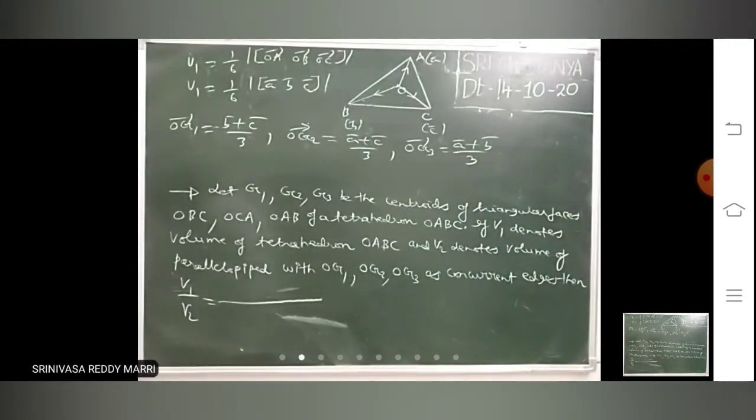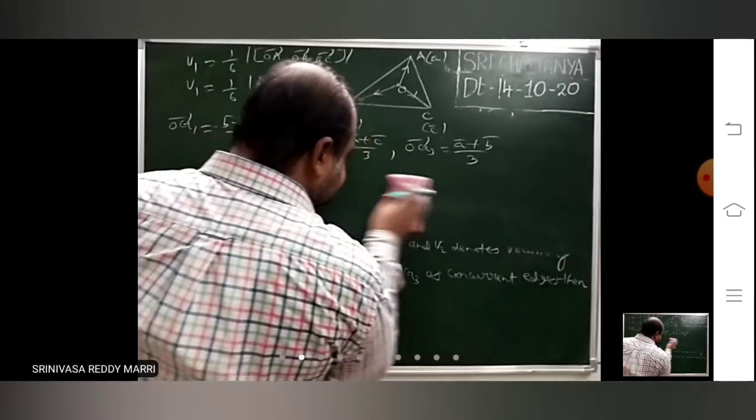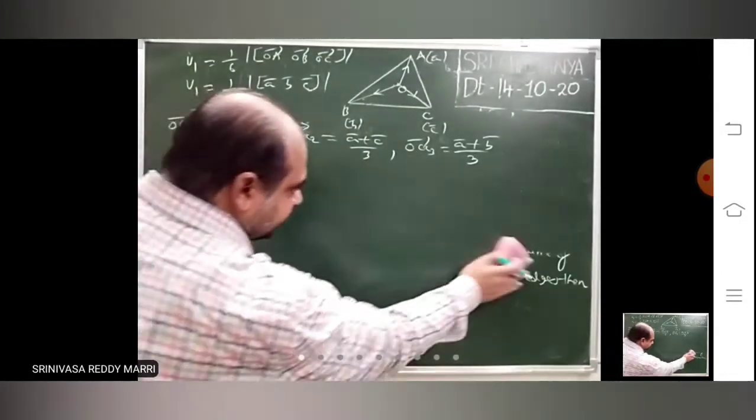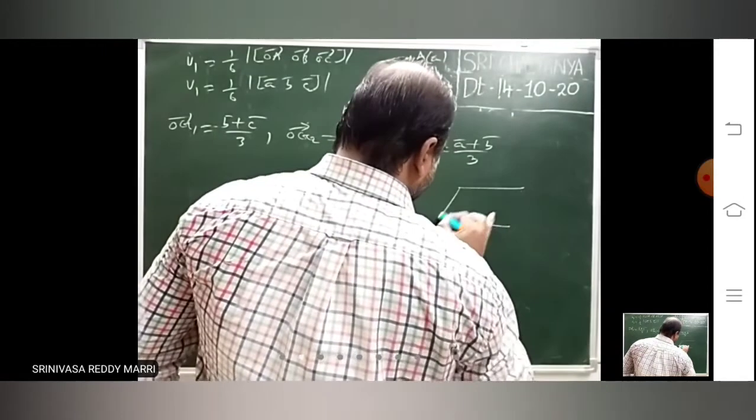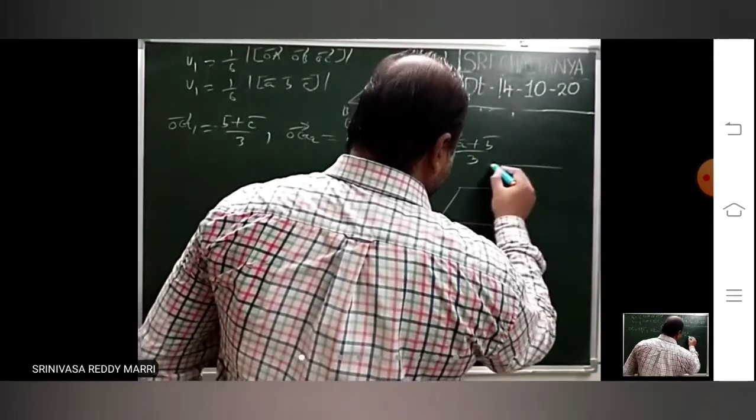Now what is telling? These are the coterminous edges of a parallelepiped. There is a parallelepiped. Draw the diagram. For those coterminous edges are given.